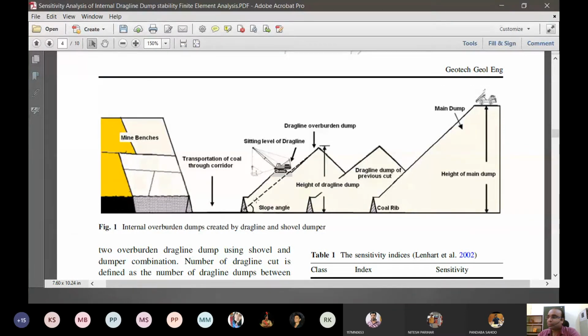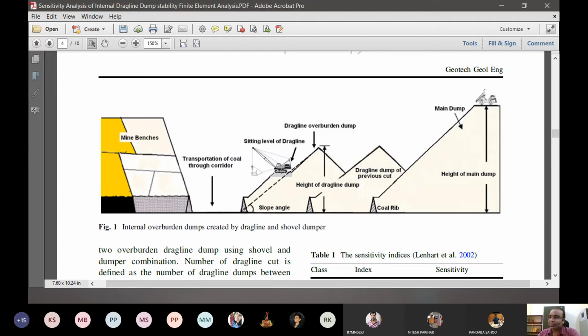So that was a previous method that they used to do, leaving coal ribs to stabilize these dumps. Nowadays they don't do that because they have seen certain accidents. This accident took place in 2008. So we went there, found what the situation was, and we started the work.